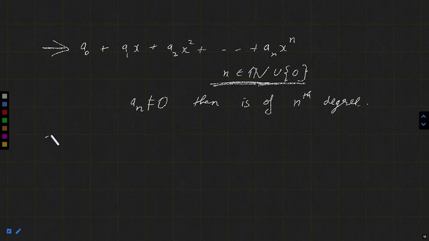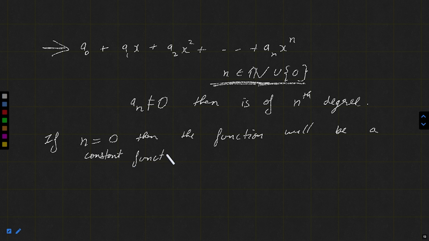So if n is 0, then the function will be a constant function, but also a polynomial function. Why? Because it satisfies everything about the polynomial function. Okay, polynomial function.